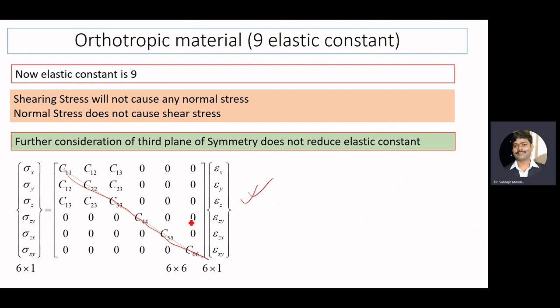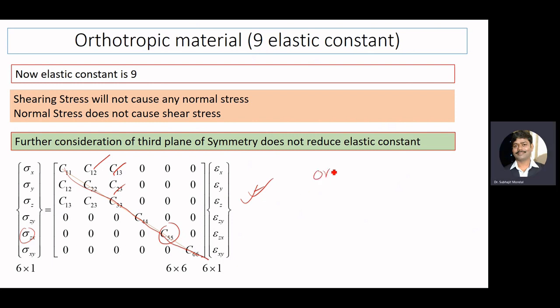Here we have total 6, 7, 8, 9. This is the stress strain relationship for an orthotropic material. Here you observe the shearing stress only causes shearing strain, and normal stress does not cause shearing stress in other planes.